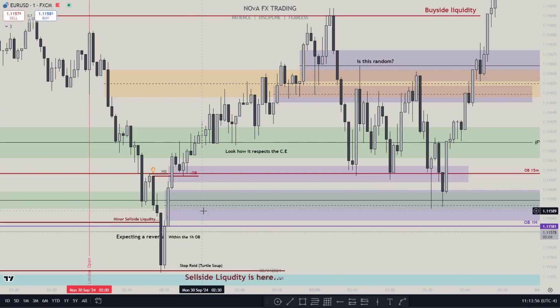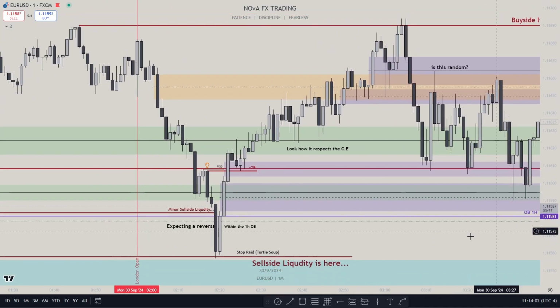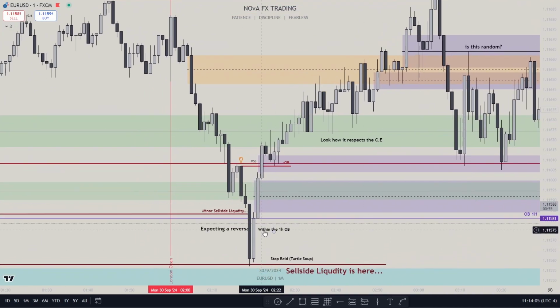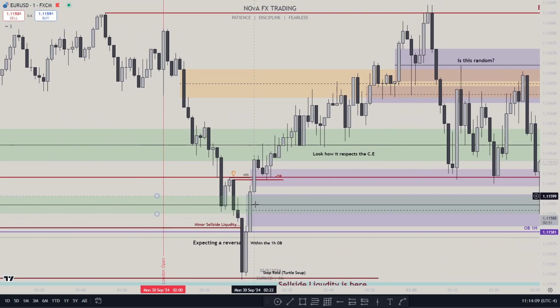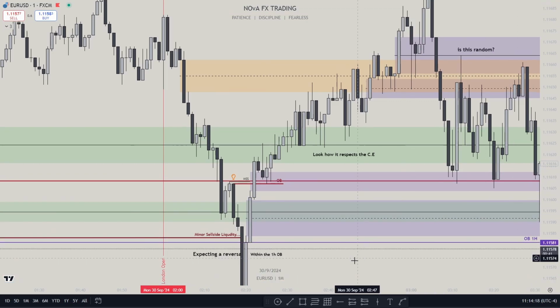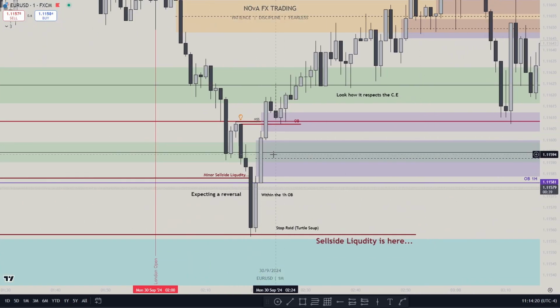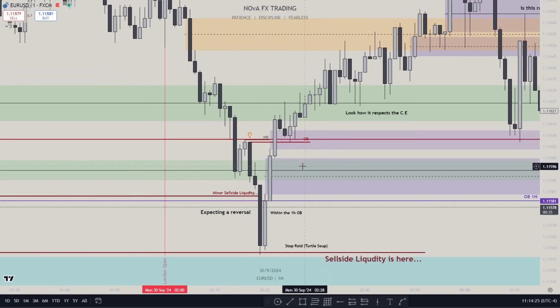Yes, I just dropped a very important line here, and please remember this: when it reverses, we ideally want this first fair value gap just below the lowest low in our bullish scenario. We want the first fair value gap to be ideally a breakaway gap or just a measuring gap.